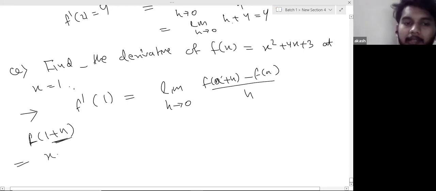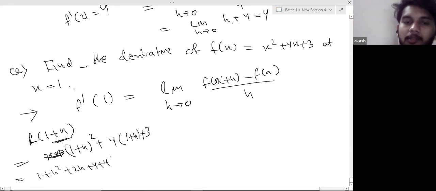So instead of x, we'll be writing 1 plus h whole square plus 4 into 1 plus h plus 3. So this is 1 plus h square plus 2h plus 4 plus 4h plus 3, which equals h square plus 6h plus 8.